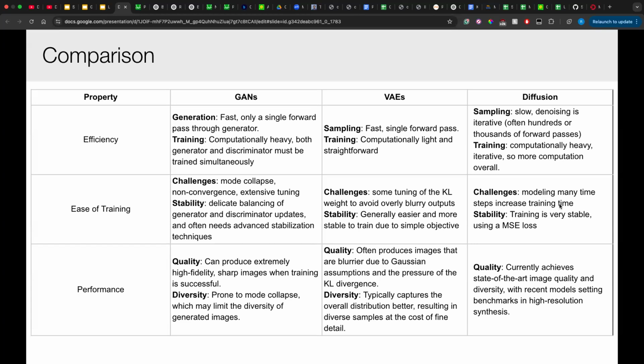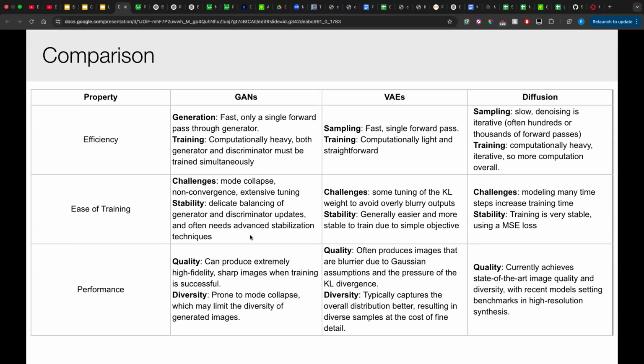The key differentiator for why diffusion models have exploded in recent years, because they were proposed in 2015 but people didn't really start using them until 2020, is how easy they are to train. They just have that one mean squared error loss, and that's pretty much it. It's a very, very simple objective. So training is very stable for diffusion models, whereas it's very unstable for GANs.